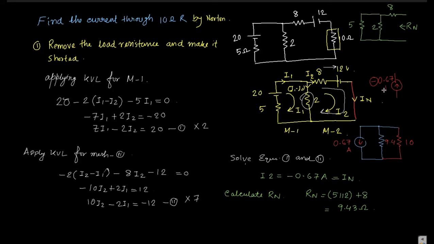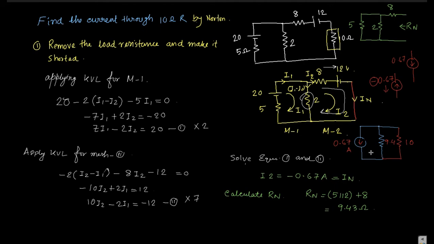If you change the polarity according to your sign, then you can write it as 0.67. So the minus should be omitted according to the direction; otherwise, if the minus is kept, then we should write the original conventional direction of the current source.